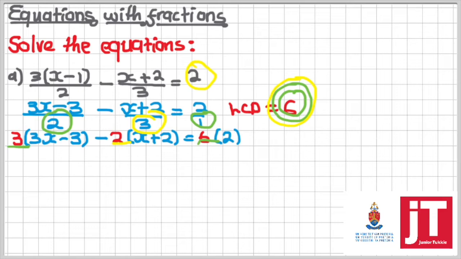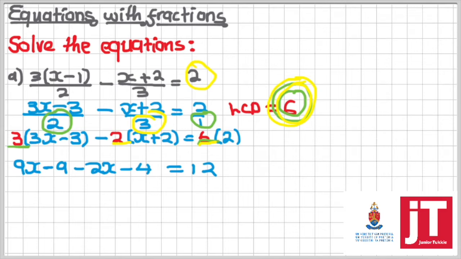Thereafter, you've got a linear equation, but we still have brackets. We need to remove them. So you need to simplify it further through distributing whatever is outside those brackets. So you're going to get 9x minus 9 minus 2x minus 4 is equal to 12.